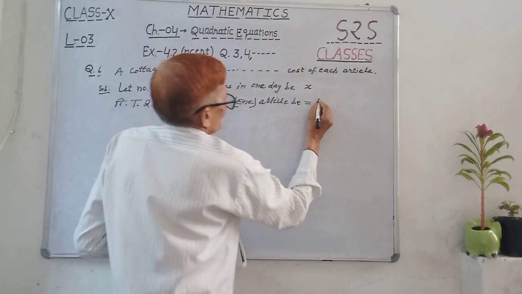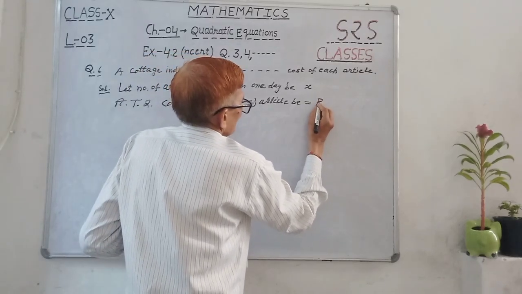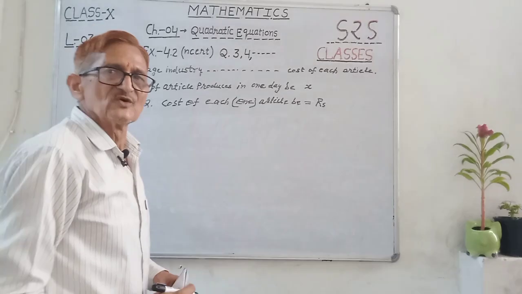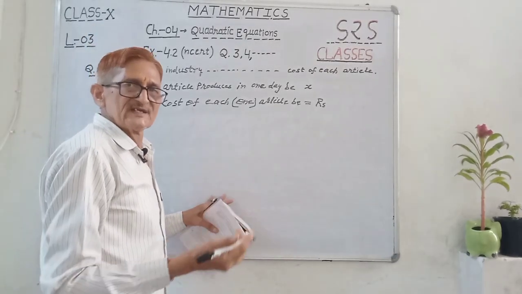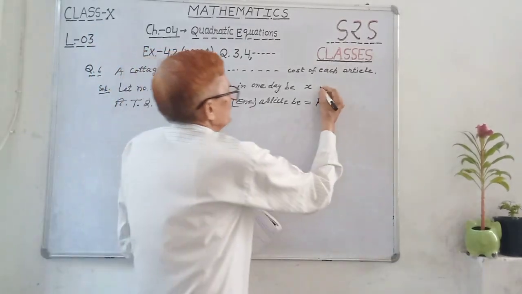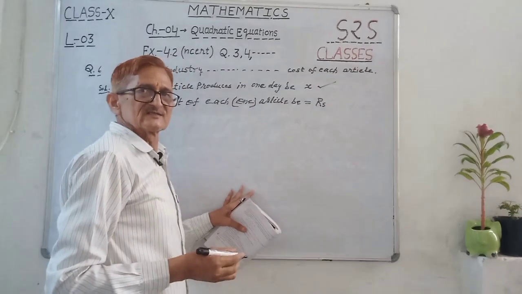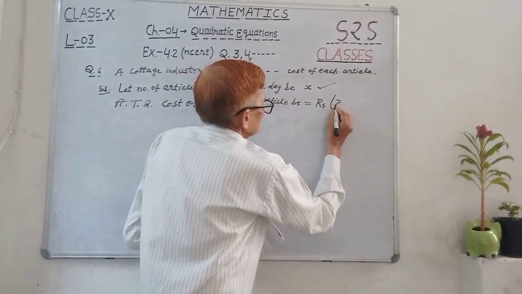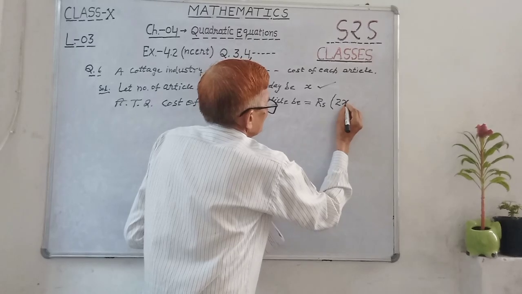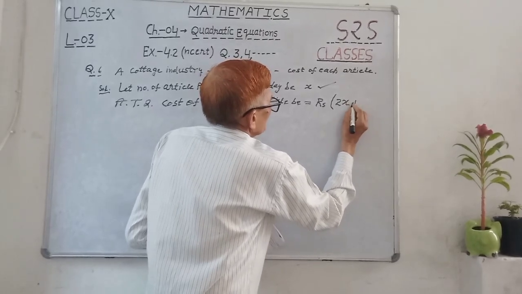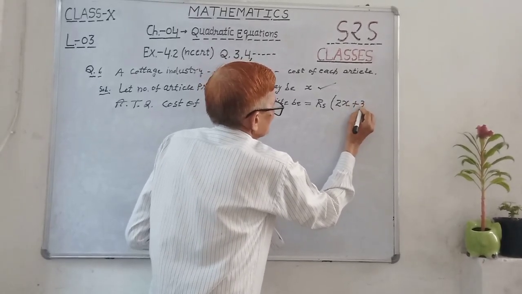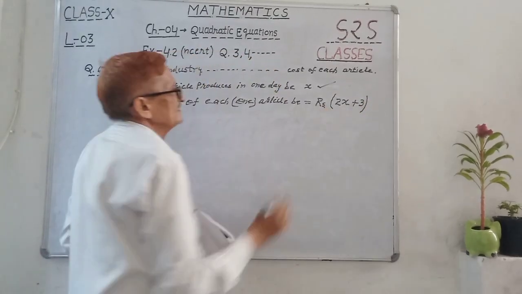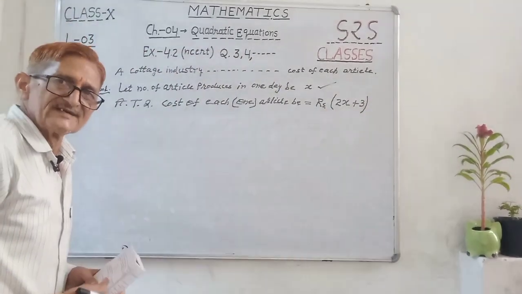According to the question, in rupees, it is 3 more than twice the number of articles produced per day. The number of articles produced per day is X, so twice of that is 2x, and 3 more, plus 3. This is the cost in rupees of one article.